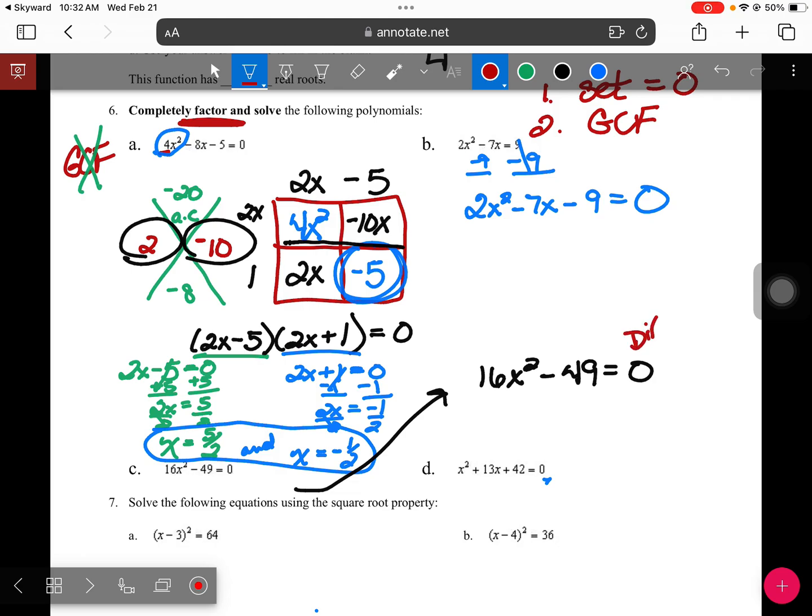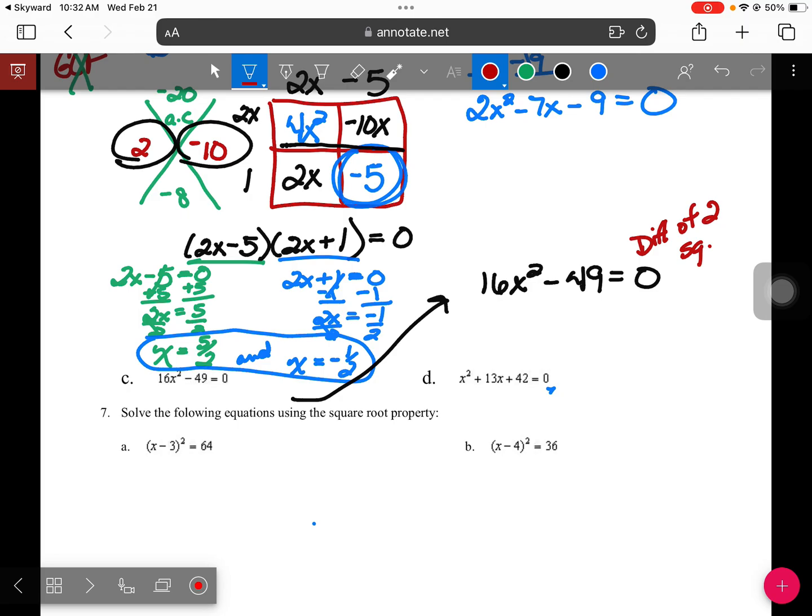This is the difference of two squares. Now, 16 is a perfect square. I can write that as 4 squared times x squared, minus 49 is a perfect square, which is 7 squared.